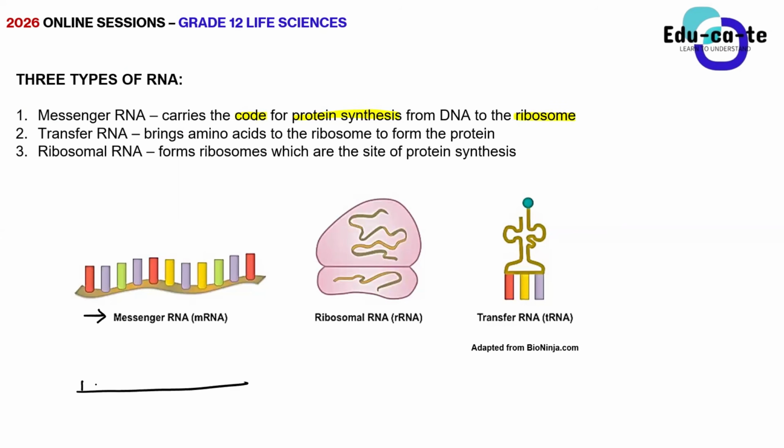Let's just say this is uracil, this is adenine, thymine is not present, this is cytosine, then guanine, then cytosine, adenine, then uracil, adenine. This is how an mRNA molecule looks.